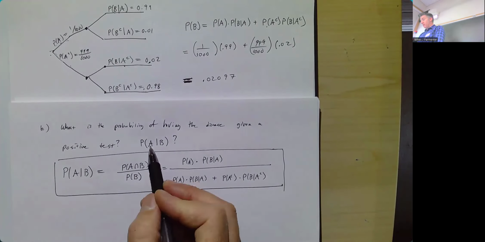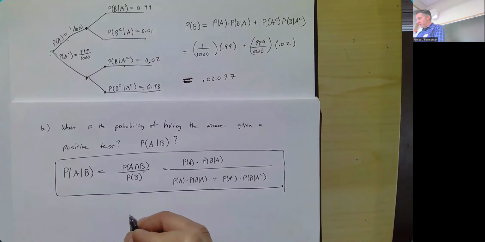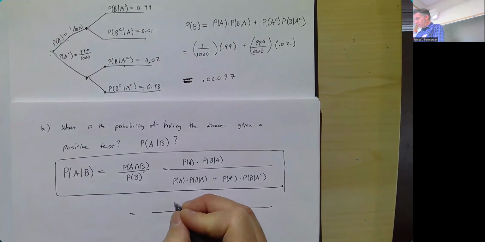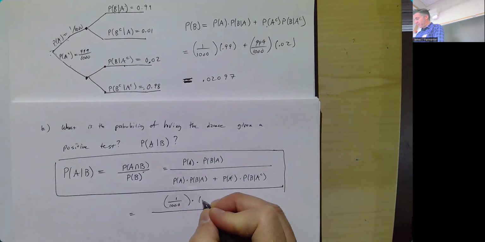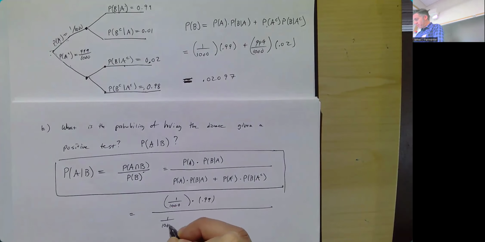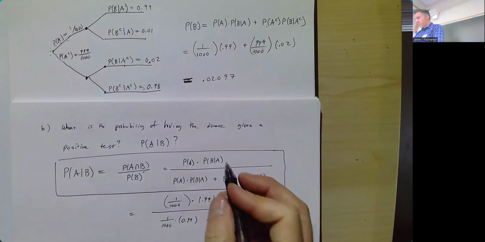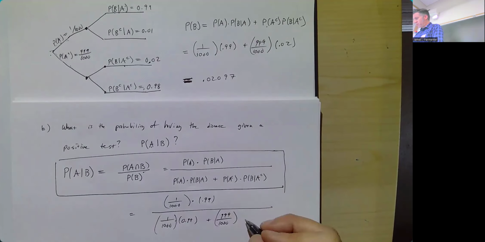If I was finding this from the tree, I would jump straight to the numbers: 1 over 1,000 times 0.99, divided by 1 over 1,000 times 0.99 plus 999 over 1,000 times 0.02.